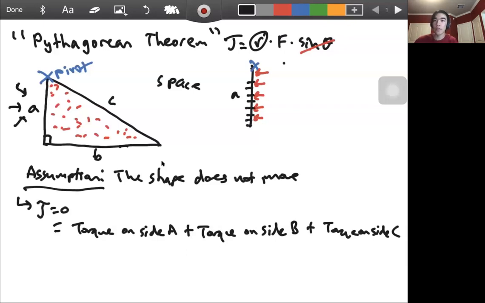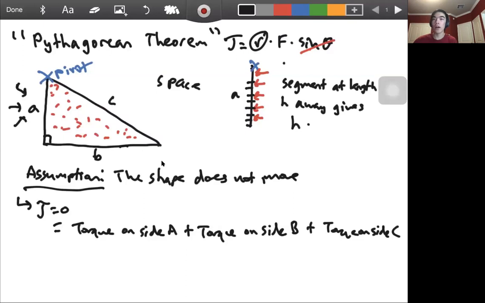And each segment will give us a little bit. So a segment at length h away gives how much torque? Well, the radius is just h.